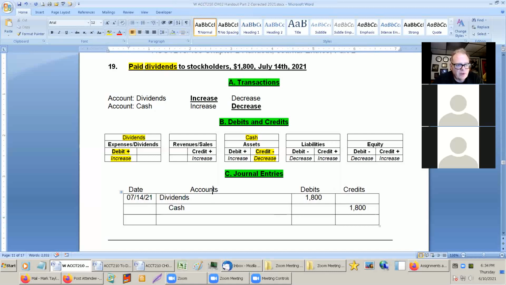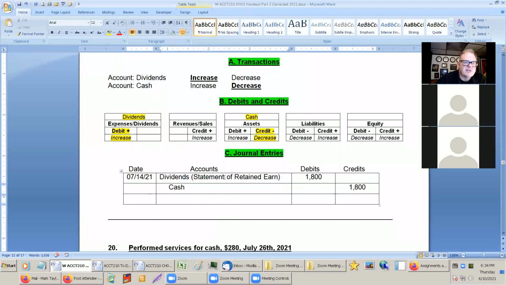And these go on the statement of retained earnings.